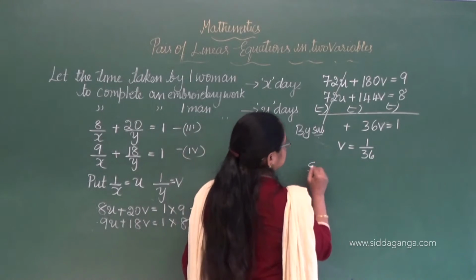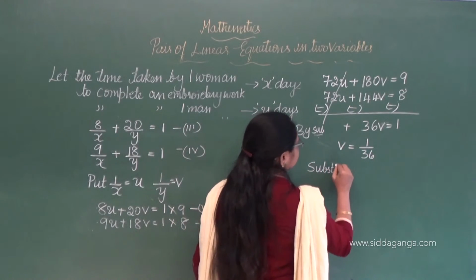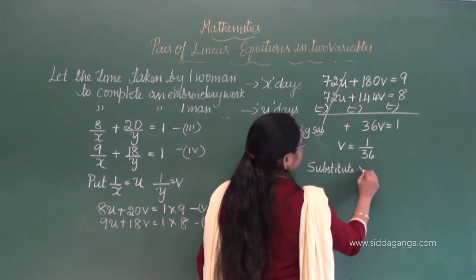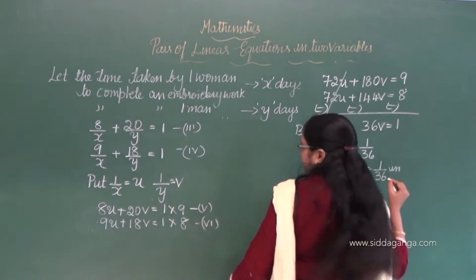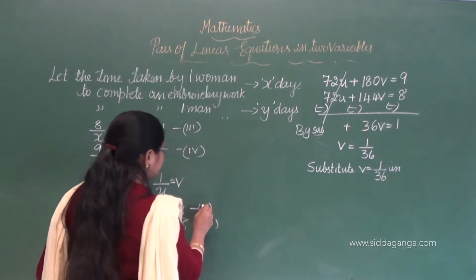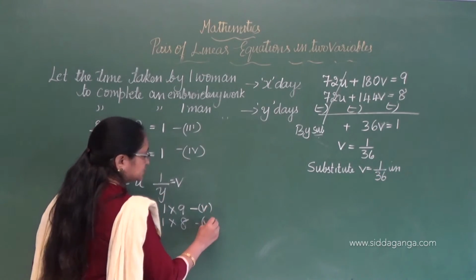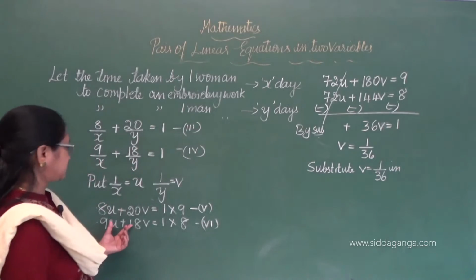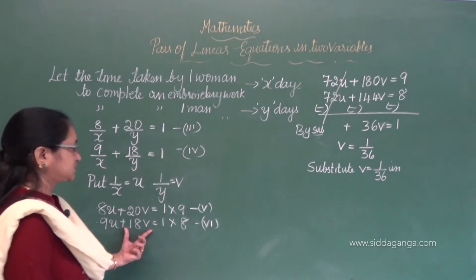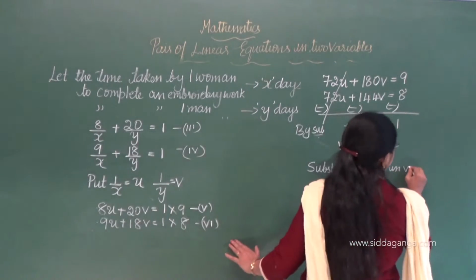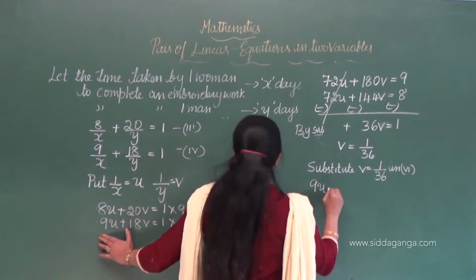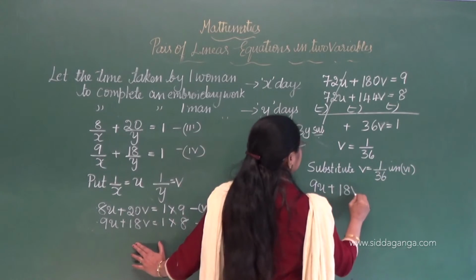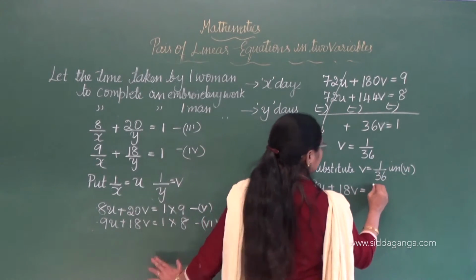Now we will substitute this v is equal to 1 by 36 in any one equation, that is the 5th equation or the 6th equation. Now we will substitute in the 6th equation. Here 9u plus 18v is equal to 1.